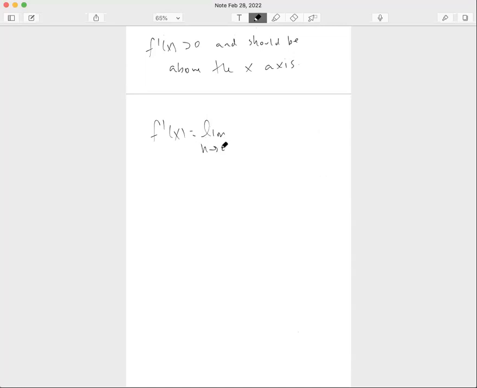Limit as h goes to 0, and then you tell me what f of x plus h looks like. This is a square root now. In other words, is the h inside the radical or outside the radical?